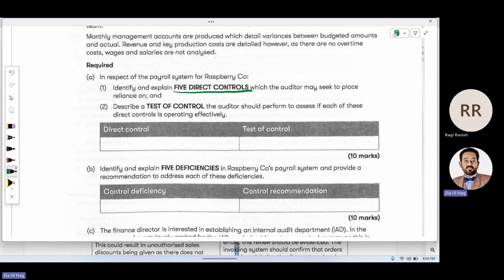By reading the scenario, you have to identify 5 controls that the company is following in the payroll system. And describe a test of control the auditor should perform to assess if each of these direct controls is operating effectively, and against each control, you need to write down its test of control.